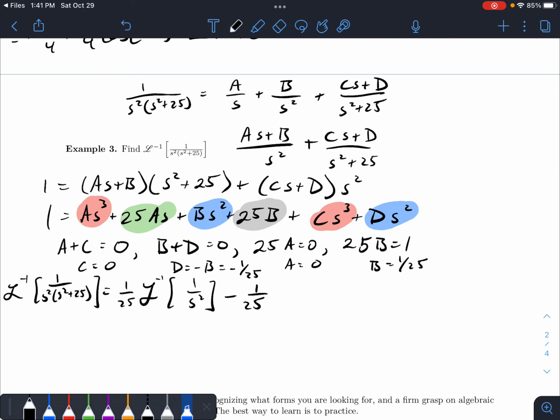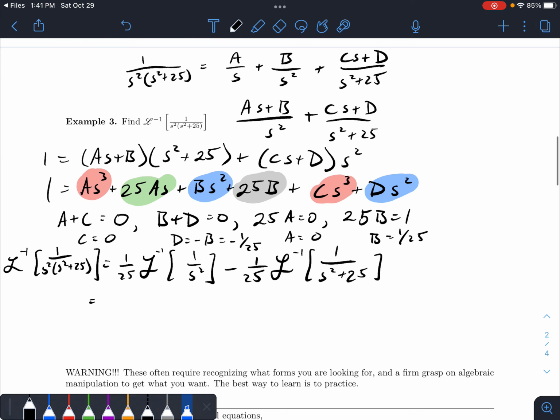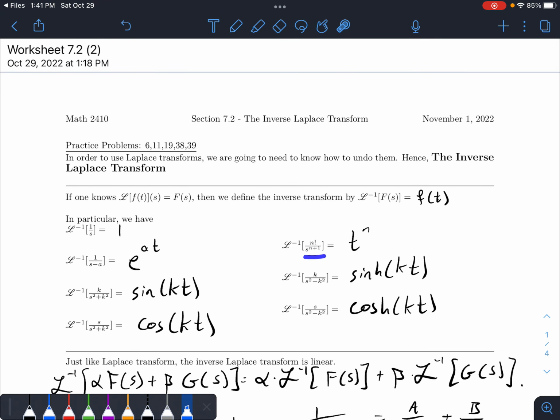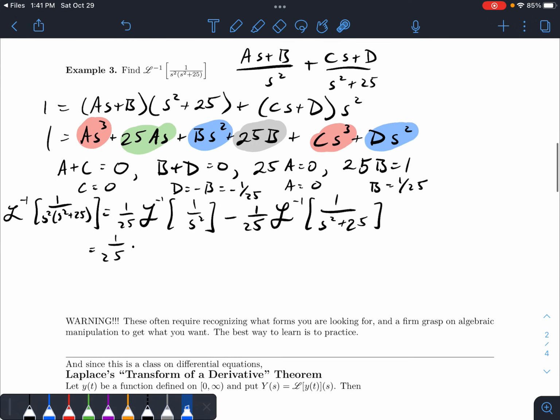And d is negative 1/25, so minus 1/25 times the inverse Laplace of 1 over s squared plus 25. All right, we get 1/25 times something. What gives us 1 over s squared? Well, this would be like if n is equal to 1, that would give us our denominator as s to the power of 2. So n is equal to 1, so 1 over s squared gives us just t. So 1/25 times t.